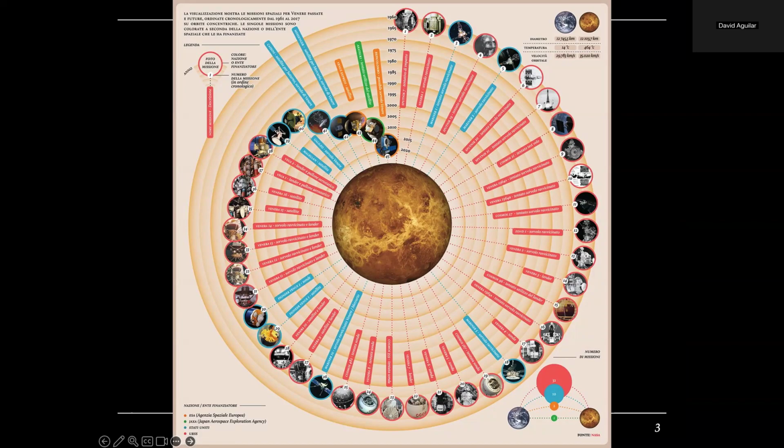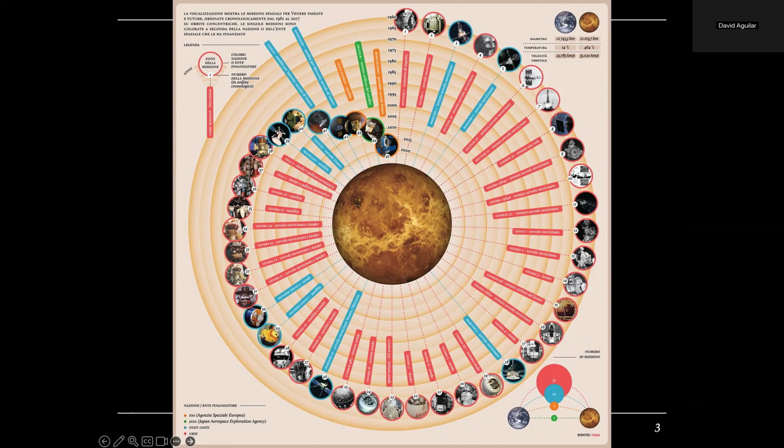So as you go around here, you can see all the missions in order from the 1960s to the 2020s. And you can't read these in most cases, but some of them you can. That's Venera 5. But what this doesn't tell us, of course, is which ones are successful and which ones aren't. So you can see that the USSR, which is colored red here, sent 32 missions.